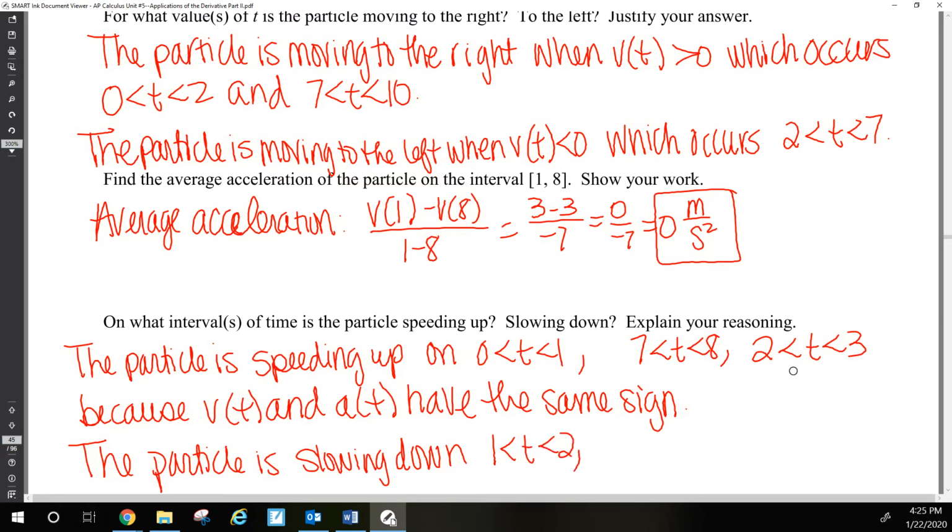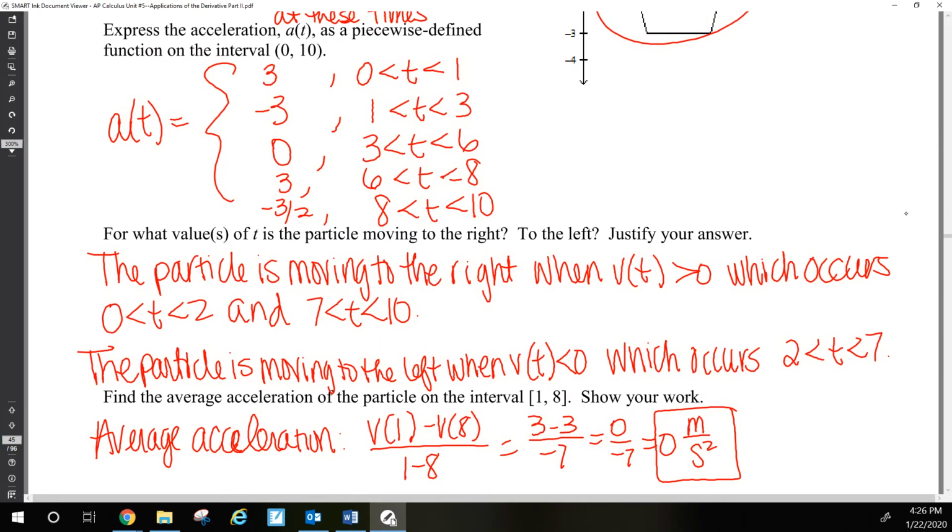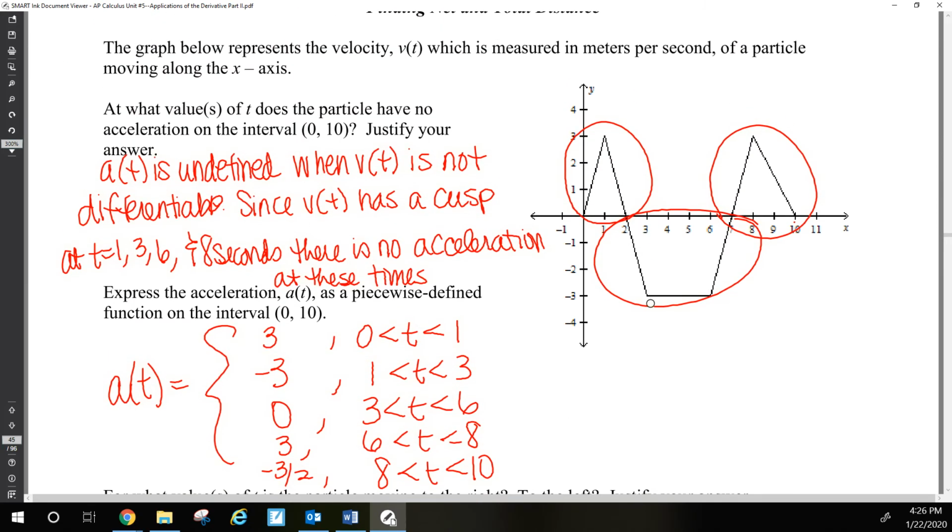2 and 3, we said were the same sign. So I'm guessing between 3 and 7, they're going to be opposite. Let's investigate that one. Between 3 and 7, my velocity is negative, but between 3 and 6, it's 0. So that's not going to count.